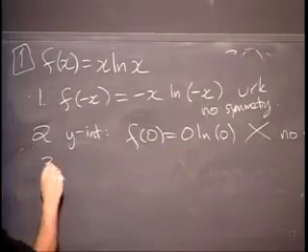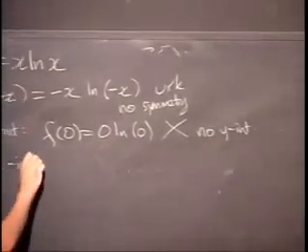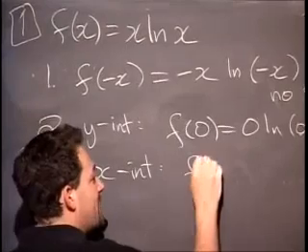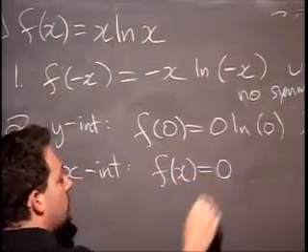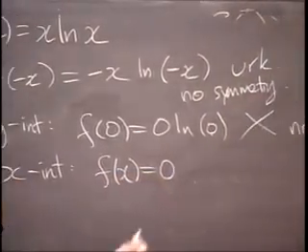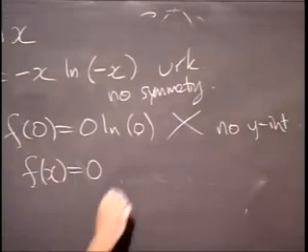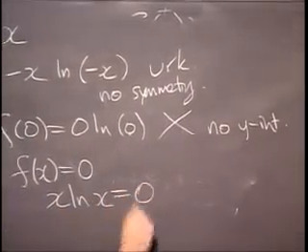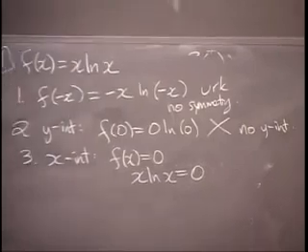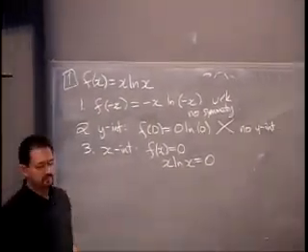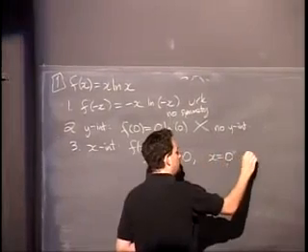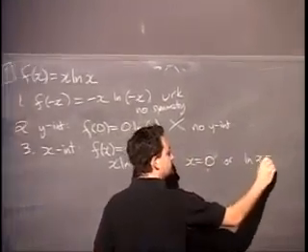Okay, how about the x-intercepts? Well, f of x equals 0, put y equals 0. Y is the same as f of x. So you get x log x equals 0. When does that happen? When either x equals 0 or log x equals 0.